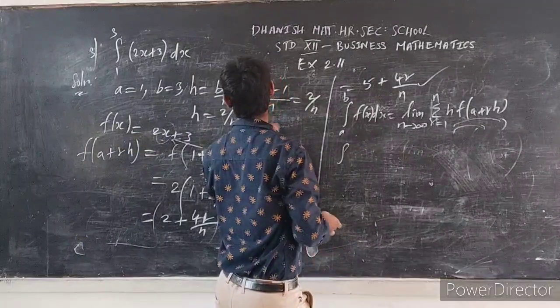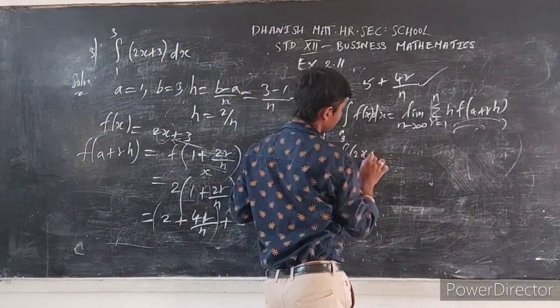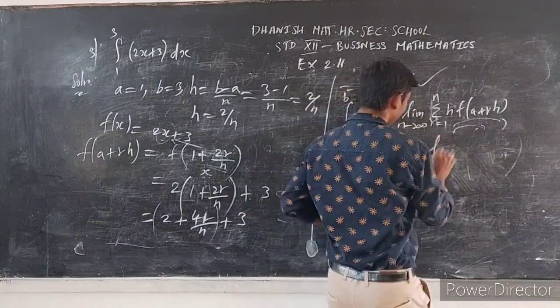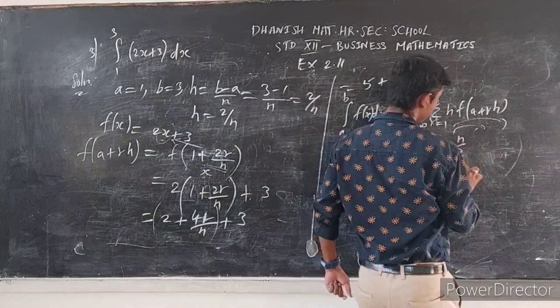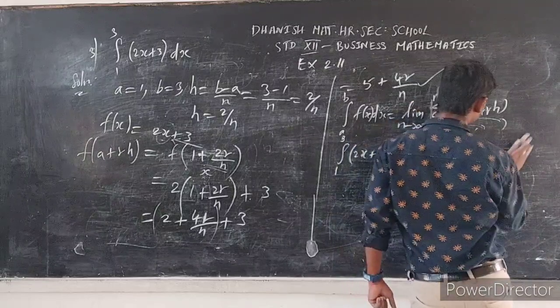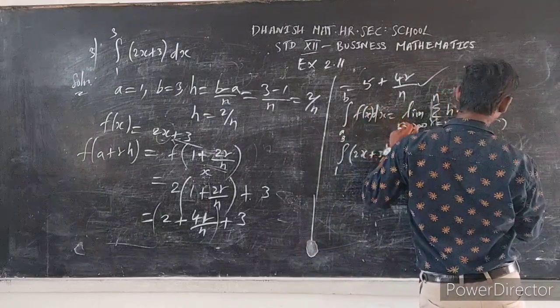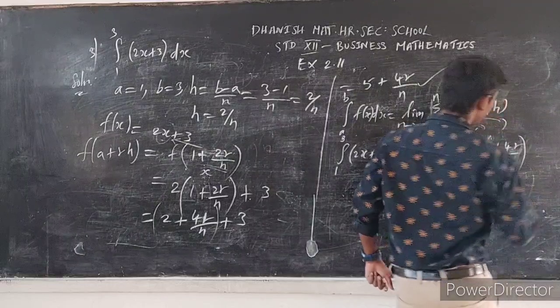Now f of x dx here will be the integral from 1 to 3 of 2x plus 3 dx. So limit n tends to infinity, summation r equal to 1 to n. What is the h value? That will be 2 by n. And f of a plus rh will be 5 plus 4r divided by n.